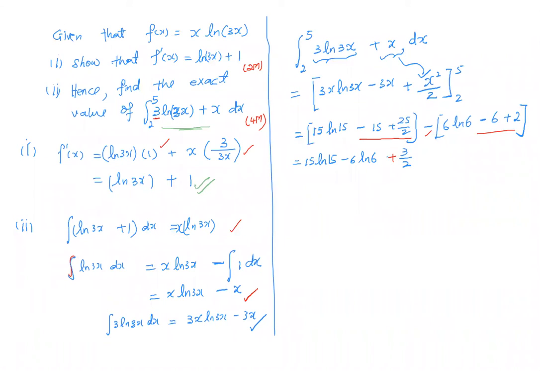So my answer is correct. So you see, over here, this is the most important step. Over here, you get 1 mark. Then you got the final answer 1 mark.